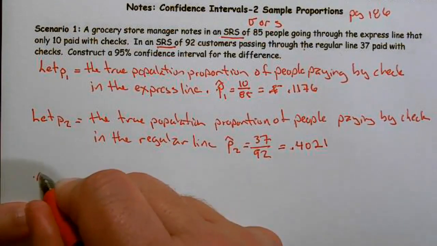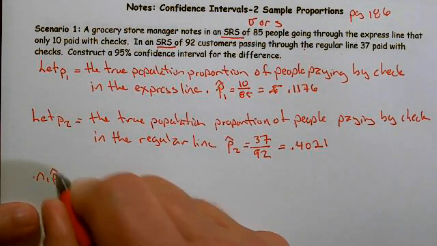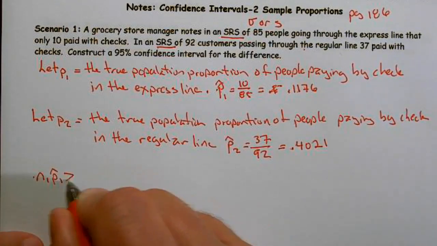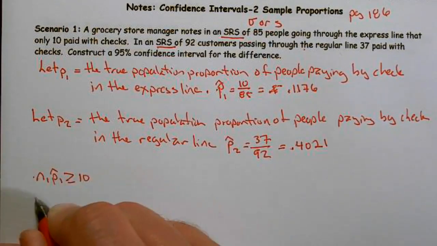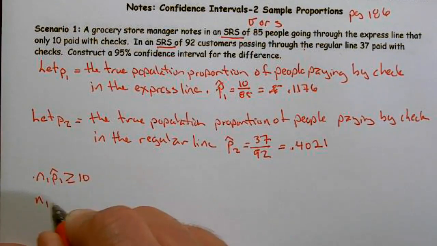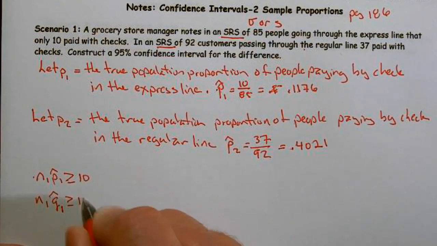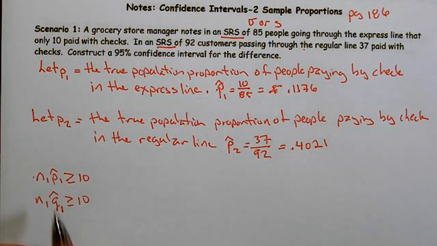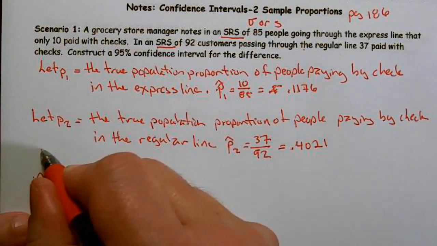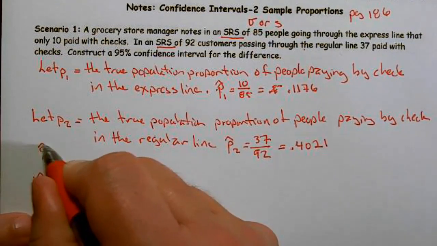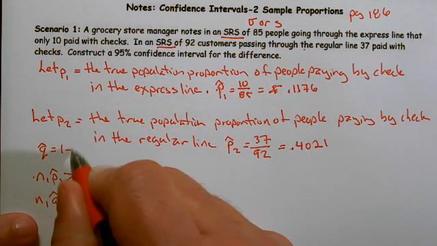So we're going to go n1 times p hat 1. That has to be greater than or equal to 10. And then n1 times q hat 1 also has to be greater than or equal to 10. Just as a reminder, q hat equals 1 minus p hat.